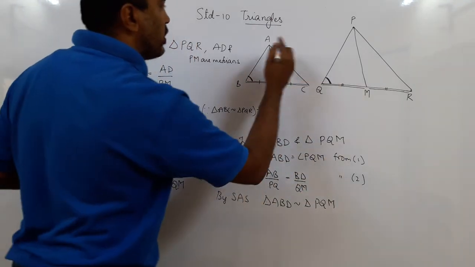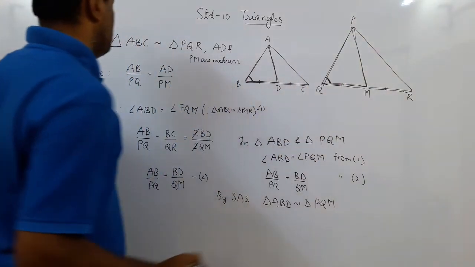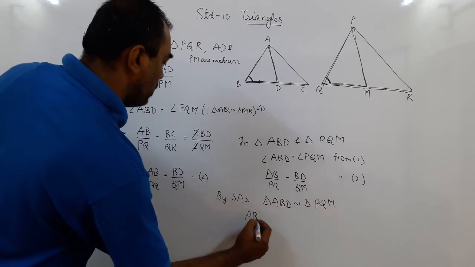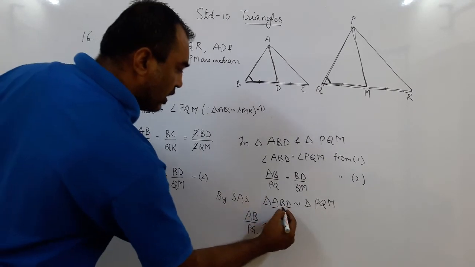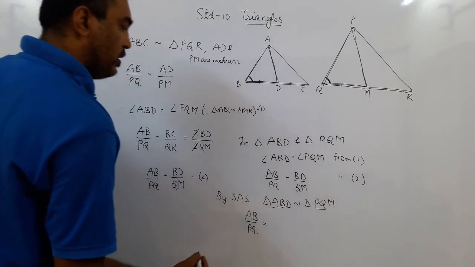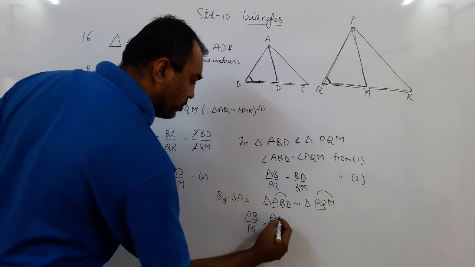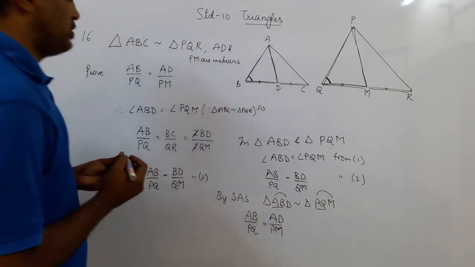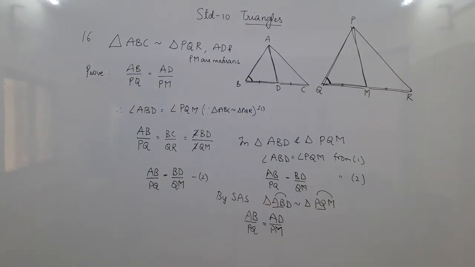Now this smaller triangle and this triangle are similar, so the ratio of the sides is equal. So we will have AB upon PQ equal to AD upon PM. And hence we have proved it. So the 16th sum was quite easy.